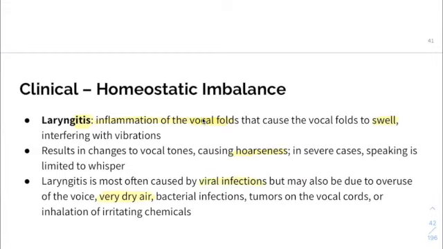It's not just viral infections, some bacterial infections can do it. You can also have tumors that grow on your vocal cords. If you're in places where you may inhale some kind of irritating chemicals, that's another thing that irritates the vocal folds enough that it causes them to swell, and then they just don't work well.